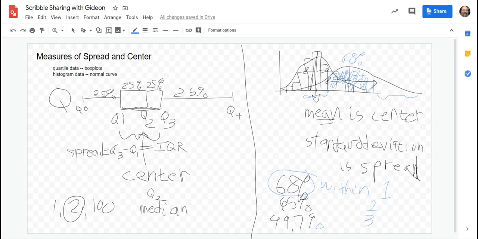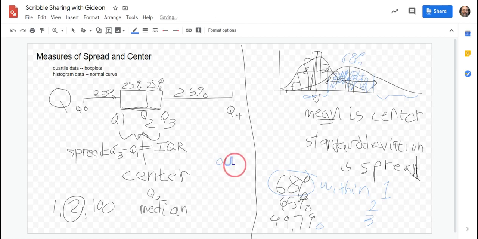Here, in the quartile data, we also have another way to find outliers, things far away, like statistically significantly different in the normal stuff. We don't have a test for statistical significance, but we do have a test for outliers.